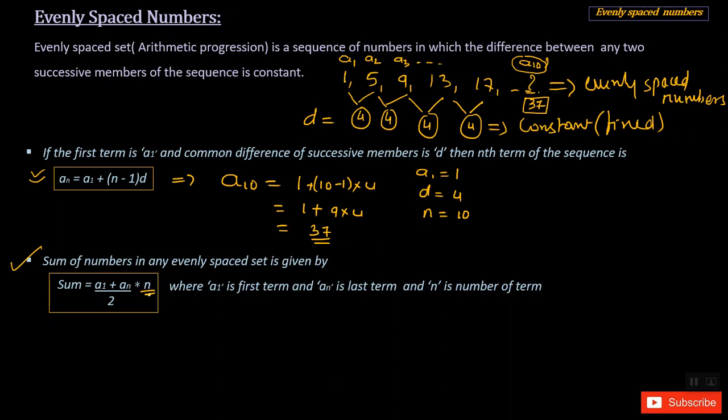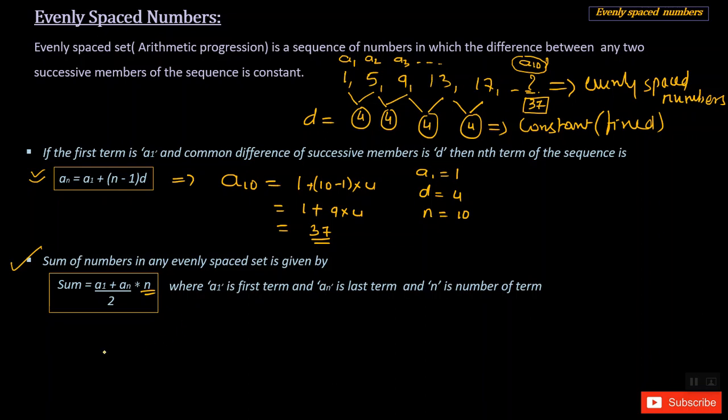Yes, they may expect you to first find what would be your nth term, and then find the sum, as we solved for the 10th term. So now I can find the sum of this sequence.